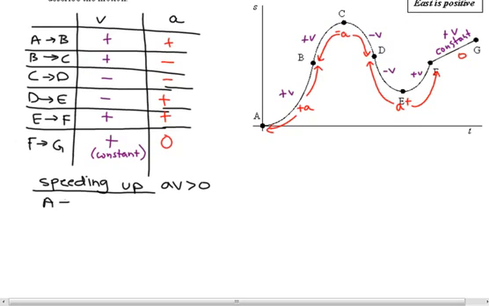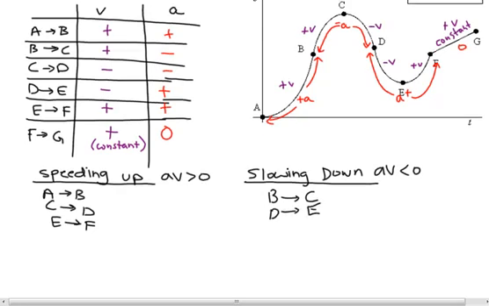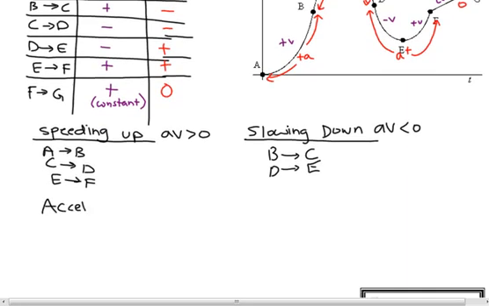A to B, C to D, and E to F. How do we figure out when it's slowing down? When they're opposites, A times B is less than 0. So when are the signs opposite? B to C, D to E. When do we have 0 acceleration? F to G.